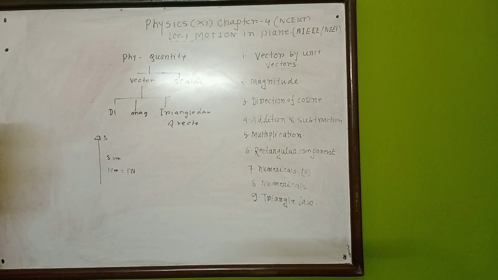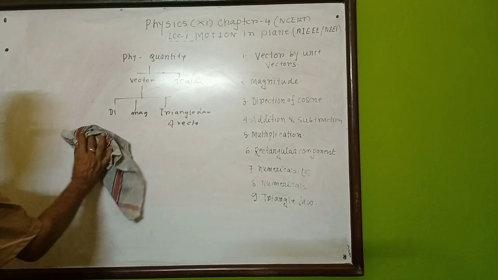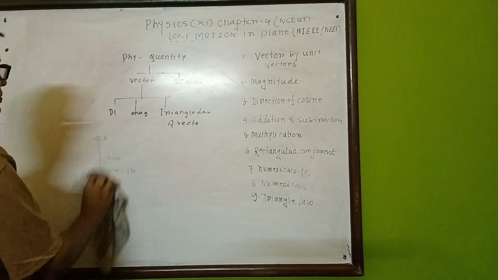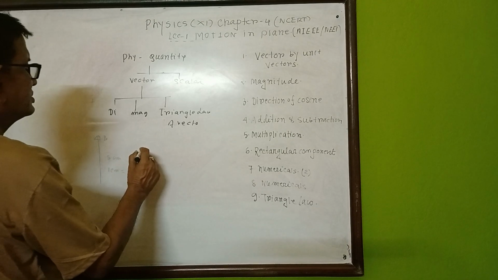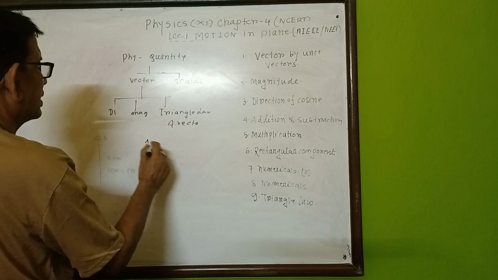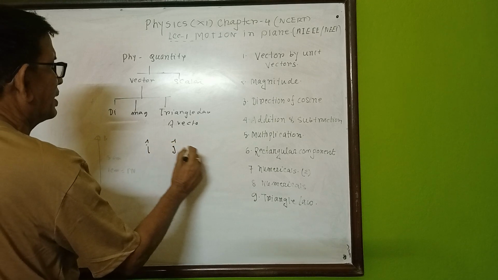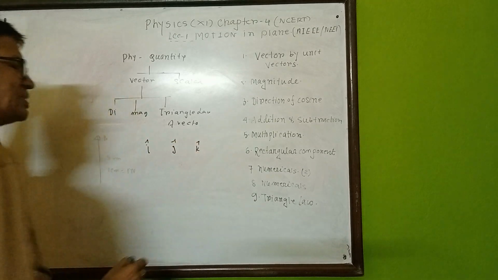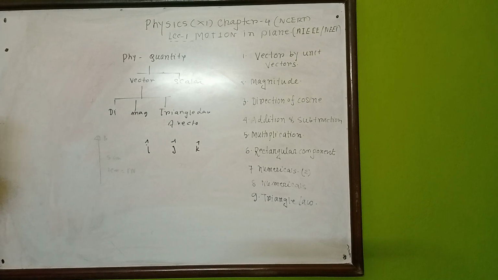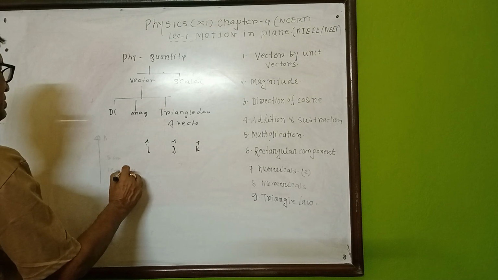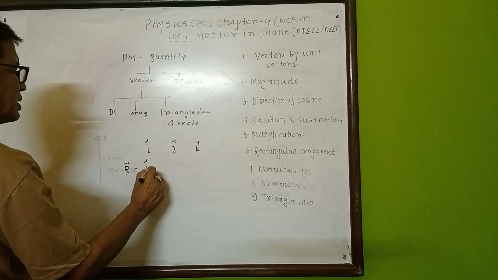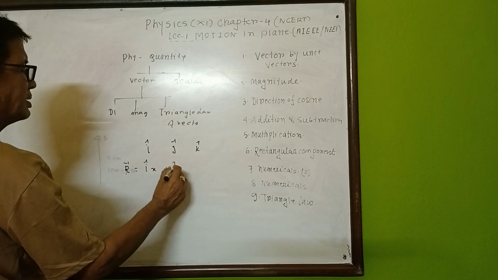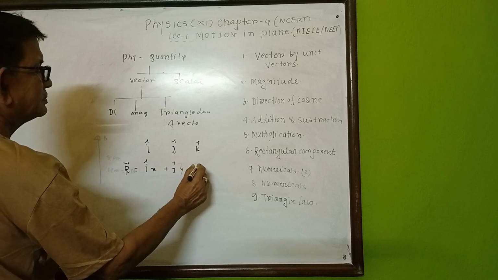But children, we are introducing some numericals, that means representation by unit vectors. That is very important. Unit vectors means you are using i cap, j cap and k cap. These are the three basic unit vectors. Any displacement vector or position vector can be written like this: r = xi + yj + zk.